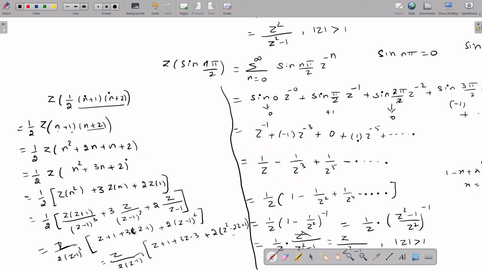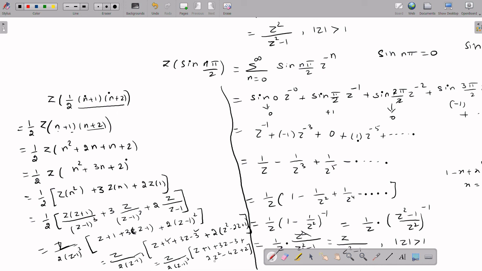So when simplifying, you have z by 2 into z minus 1 the whole cube into z plus 1 plus 3z minus 3 plus 2z squared minus 4z plus 2, isn't it?